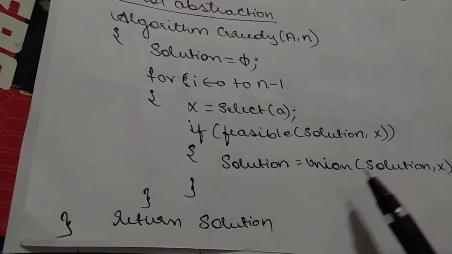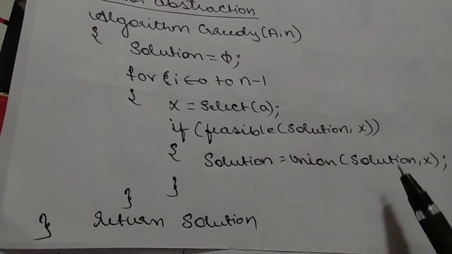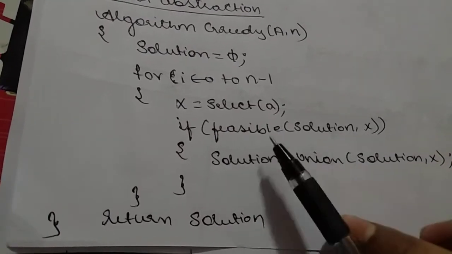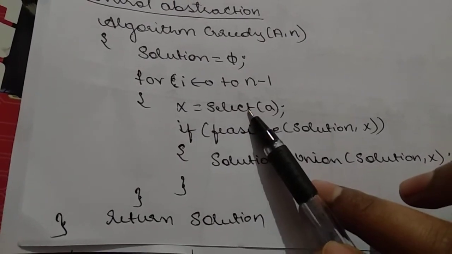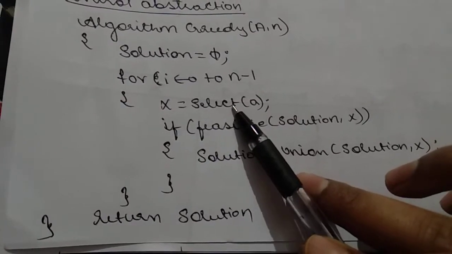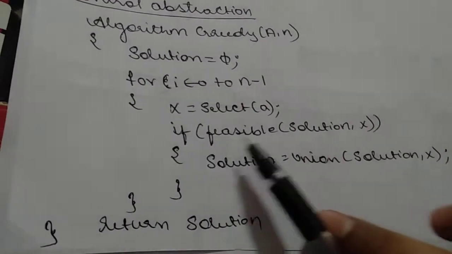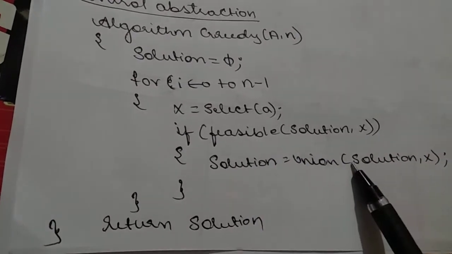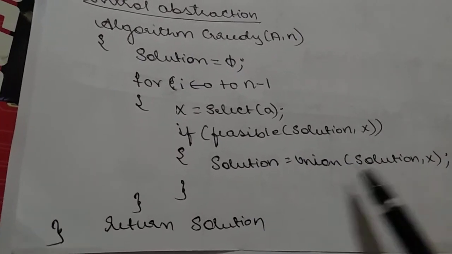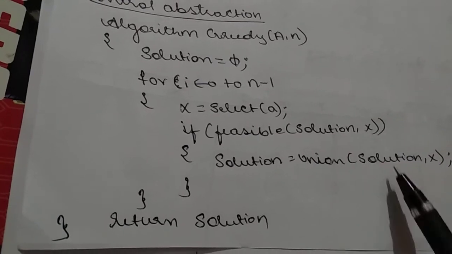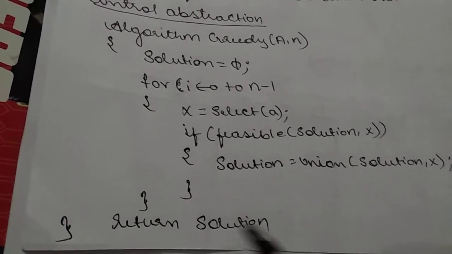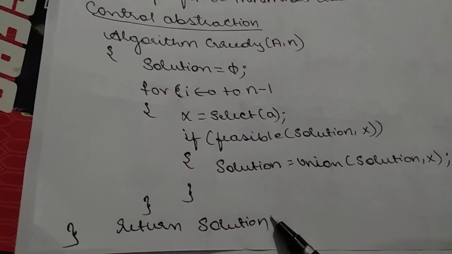Optimal solution. That will be done using this union of solution x. If the input is feasible, if it is satisfying the constraint, then it will be added over here. Then among these, one will be selected as the optimal solution, and then we have to return that optimal solution.